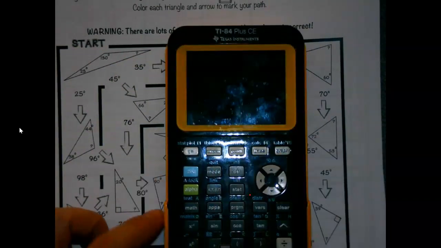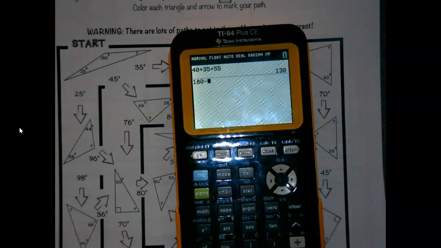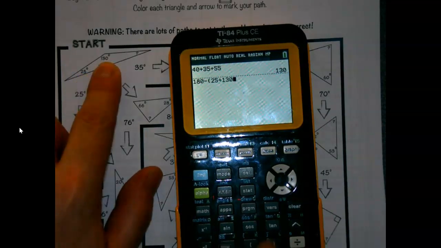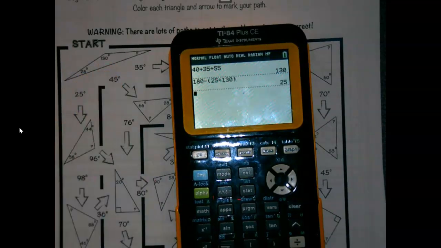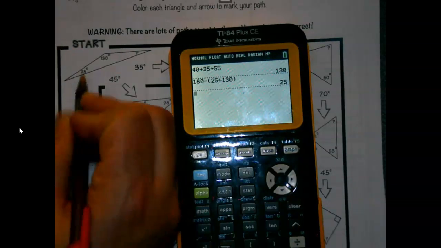And so I look and I go, okay, how many degrees are in a triangle? 180. So I take 180 and I'm going to subtract the 25 and 130.